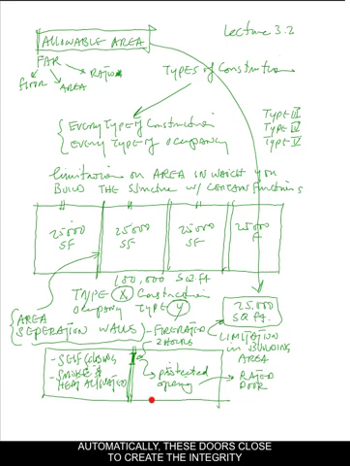Automatically these doors close to create the integrity of the separation. You can open it and exit from it, but if you open it, it closes itself, again to enforce the fact that you have that separation intact. We'll continue this in lecture number 3.